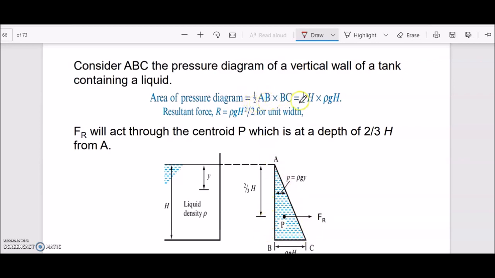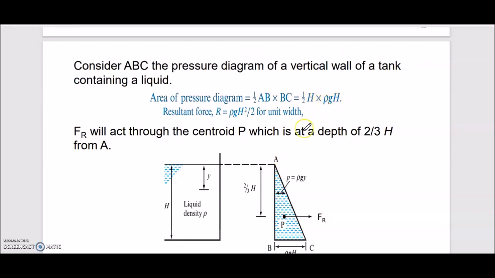AB times BC divided by 2, where AB is the height H and BC is rho g H, so half of H times rho g H. So the resultant force will become rho g H squared over 2 per unit width.